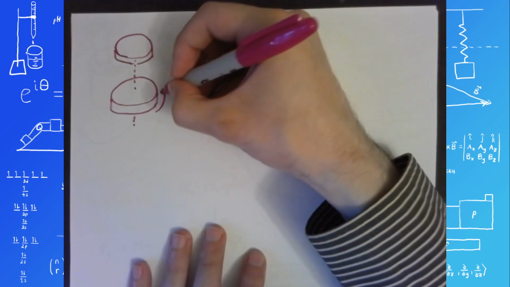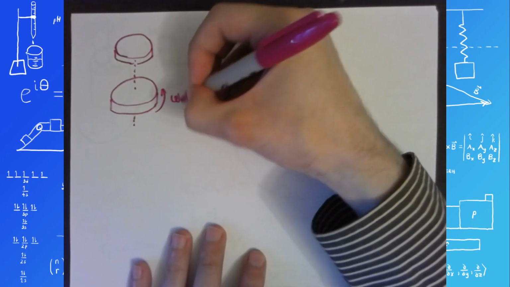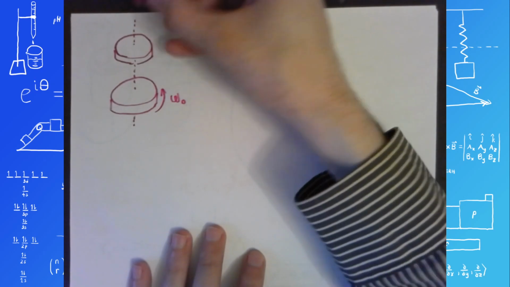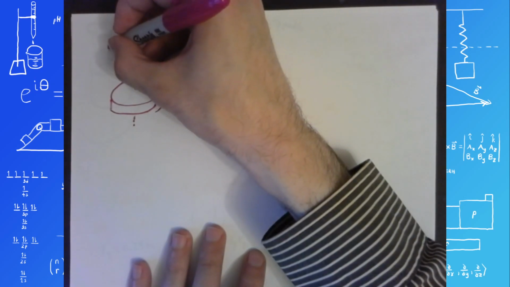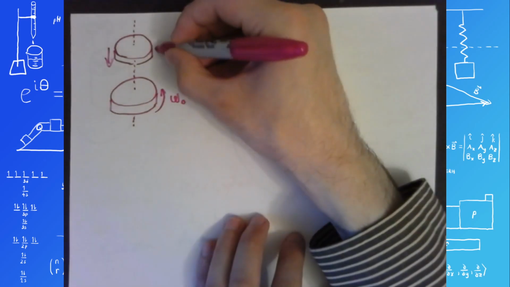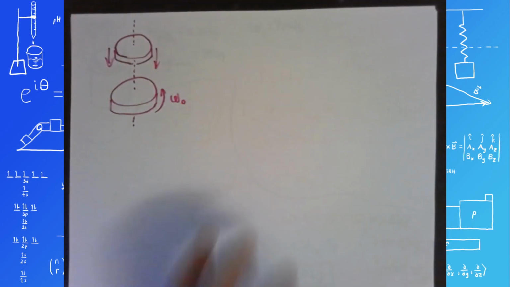This one is already rotating at omega 0. This one is initially not rotating. This one gets dropped on. I guess I'll draw double arrows there. So this one gets dropped on, very similar to what we saw earlier with the piece of putty being dropped onto a spinning cylinder.